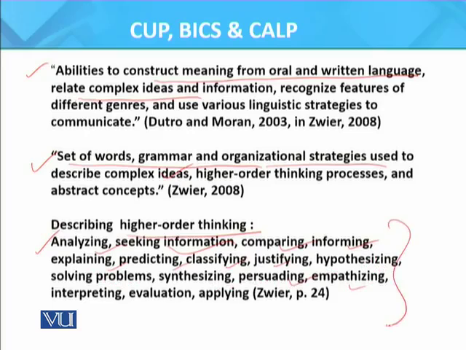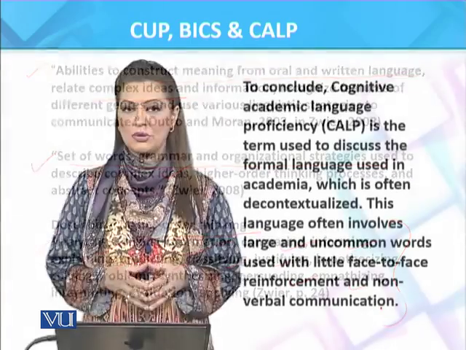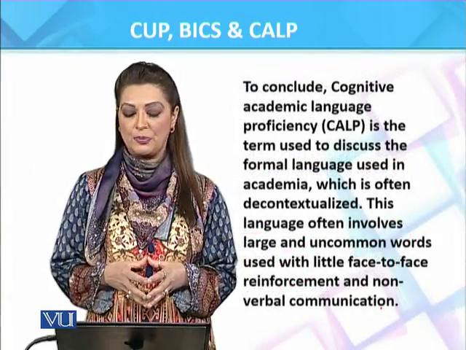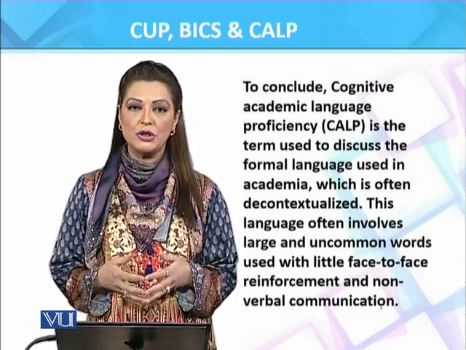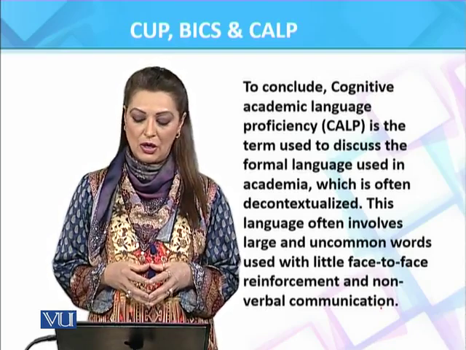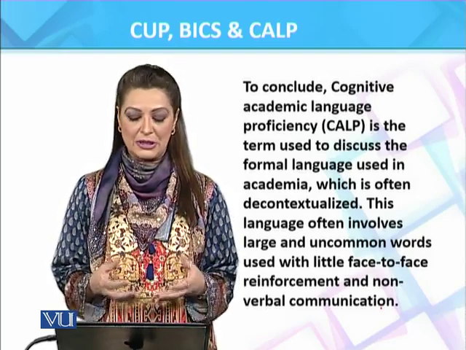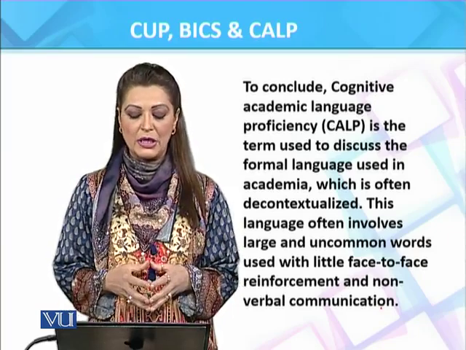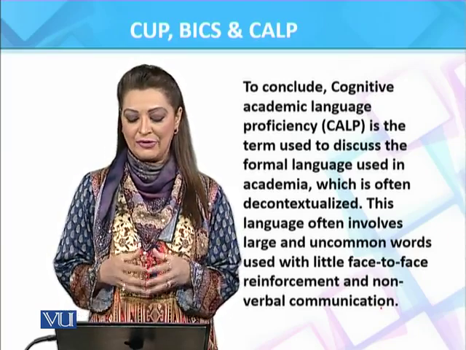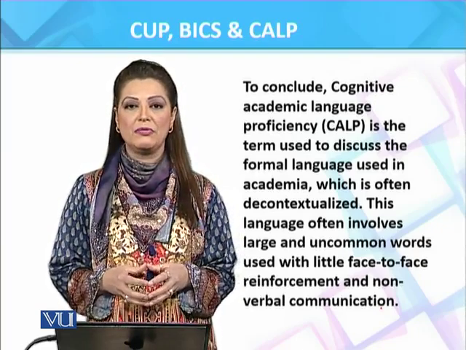So these are the higher order thinking components, and all these come under the domain of cognitive academic language proficiency. To conclude, cognitive academic language proficiency is the term used to discuss the formal language used in academia, which is often decontextualized. This language often involves large and uncommon words used with little face-to-face reinforcement and non-verbal communication.